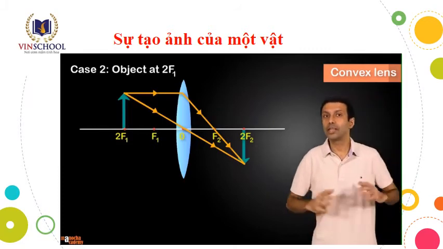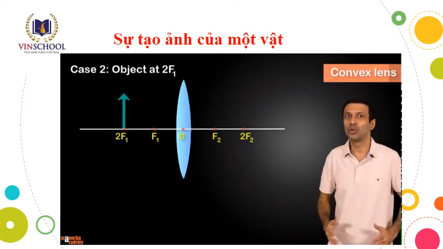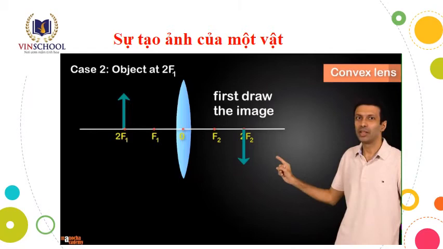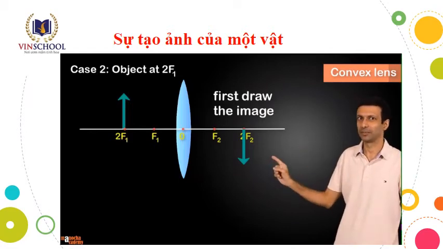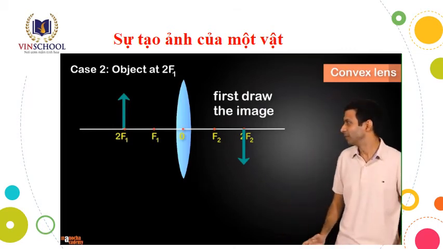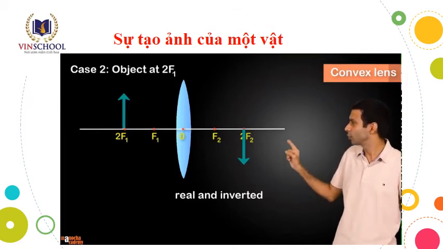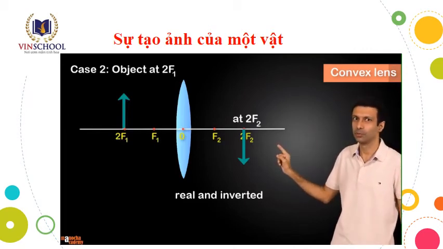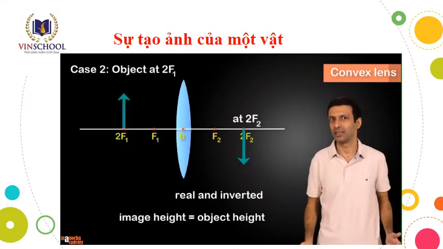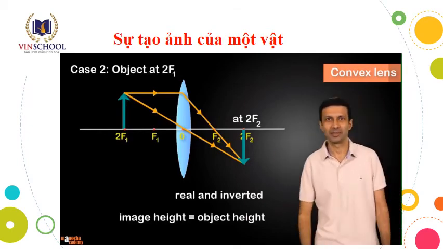So to avoid such errors, an important exam tip for this case 2 is to use the cheating trick, which is first draw the image and then you draw the rays. Since we know all the properties of the image, we can easily draw it here. It's a real and inverted image, and this image is going to be exactly at 2F2, and the image height is exactly equal to the object height. So once you've drawn the image, you can go ahead and draw the rays.